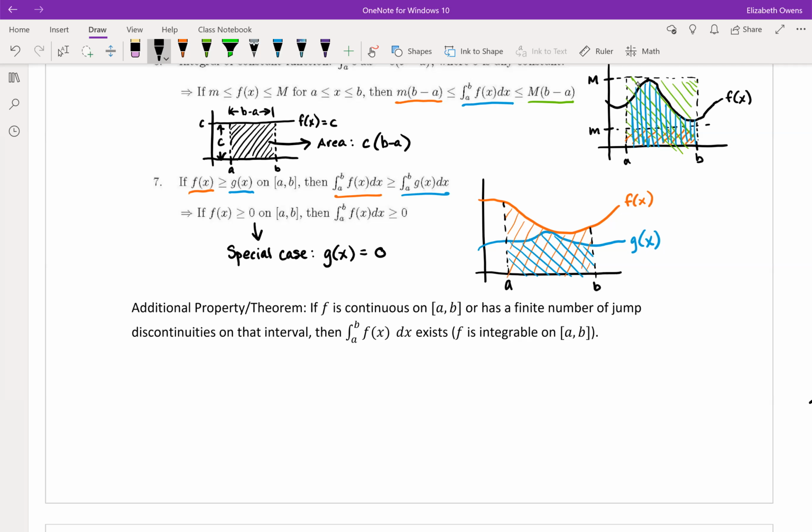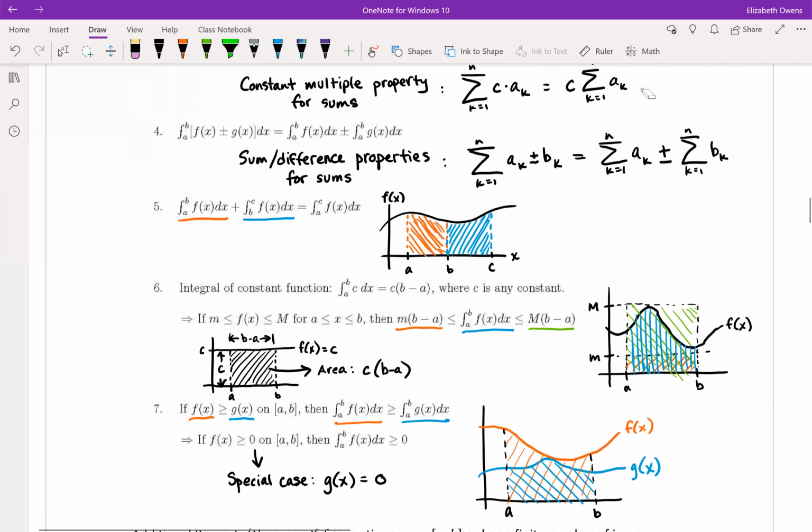So the function is going to be integrable, which is a nice thing to know, that we can actually take the integral.